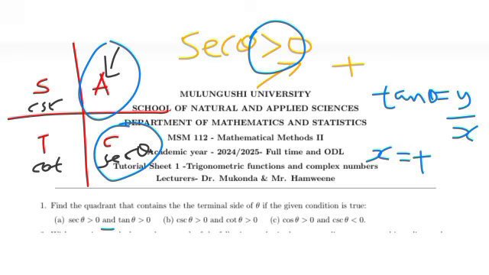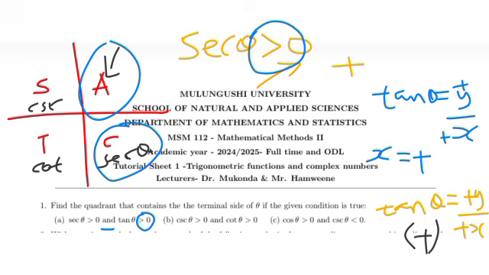So if x is positive and tan theta is also positive, it means even y is positive. So here we have tan theta equal to positive y over positive x. Positive divided by positive, it's obvious we get a positive.